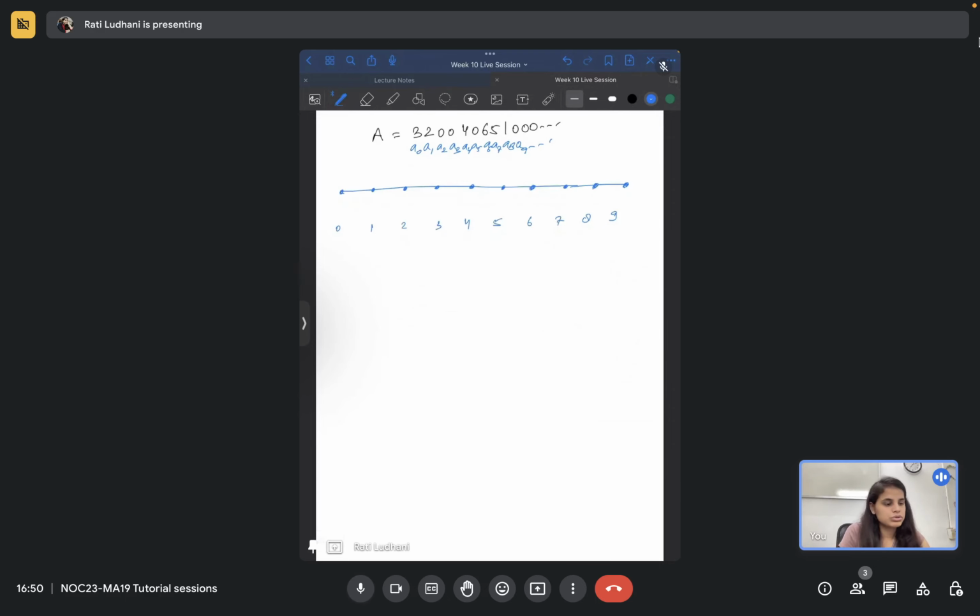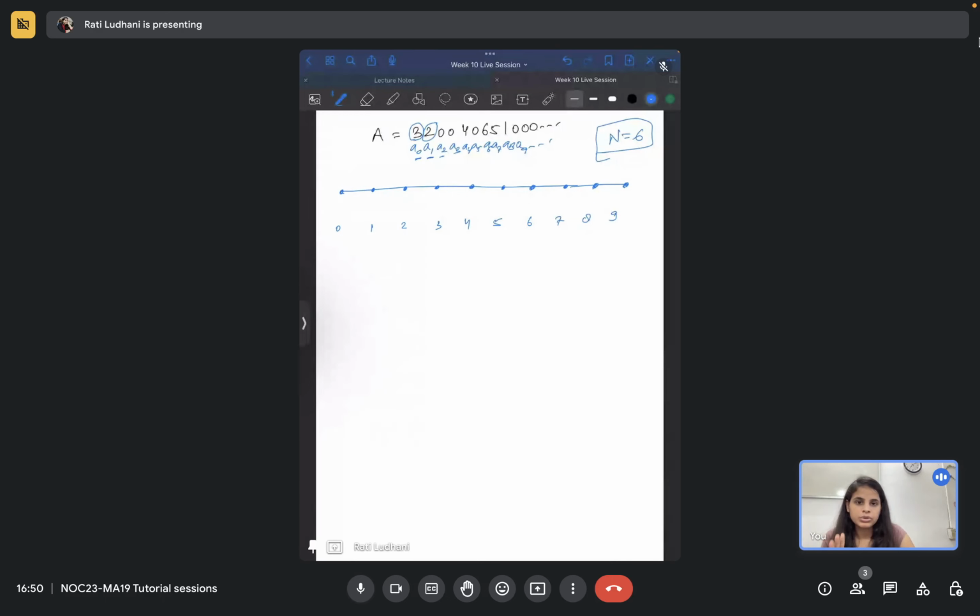Here the non-zeros are 1, 2, 3, 4, 5, 6, so n is equal to 6. This is a permutation of 1 to 6, because you can see the non-zeros are just six. Now you wrote the positions.